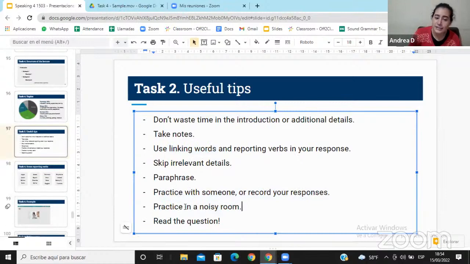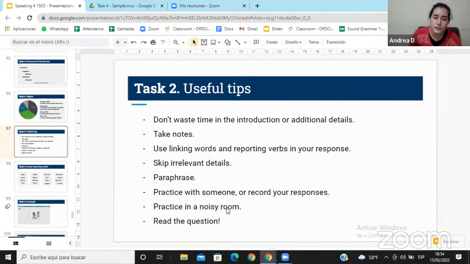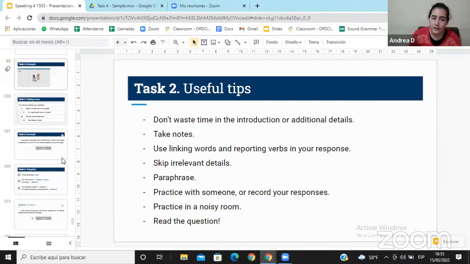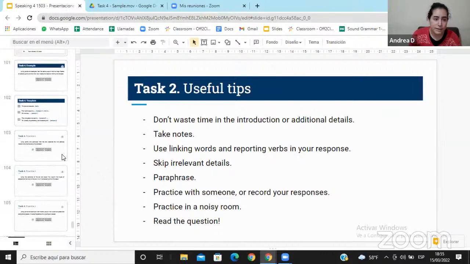If you're taking it in a test center, try to practice in a noisy room so that you become used to having other people around speaking and maybe making some noises. So practice in a noisy room. Practice as much as you can, record yourself, and make sure that you actively evaluate how you're doing. Don't forget to read the question. And I think that's pretty much everything I could say.